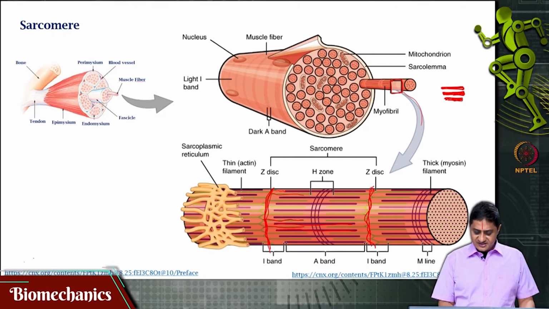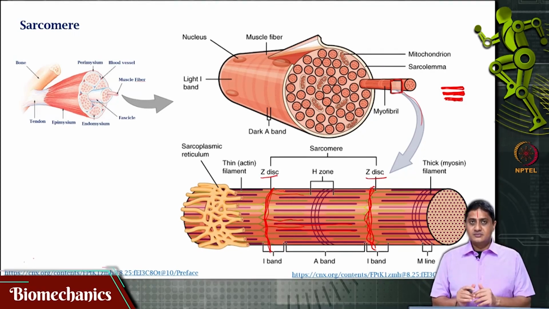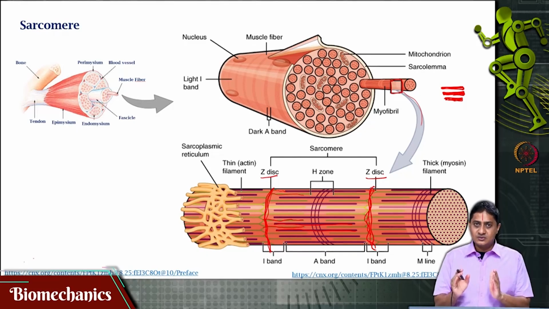The point from which this suspending of these filaments happens is called a Z disc, and all the components between two consecutive Z discs is called a sarcomere.